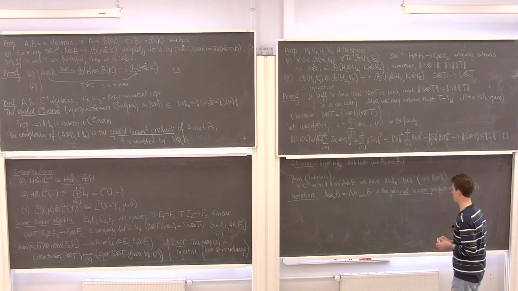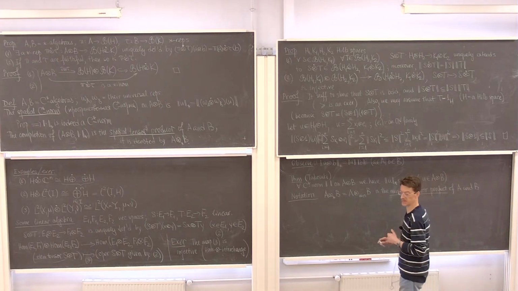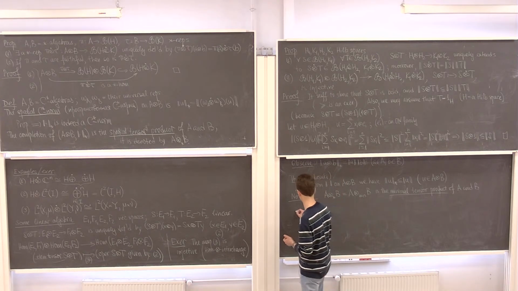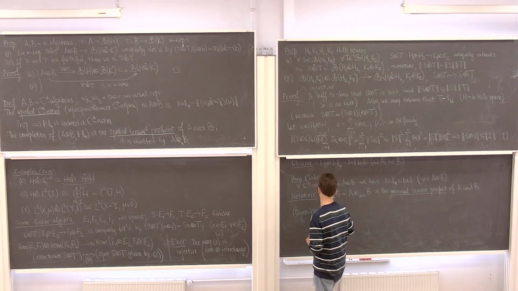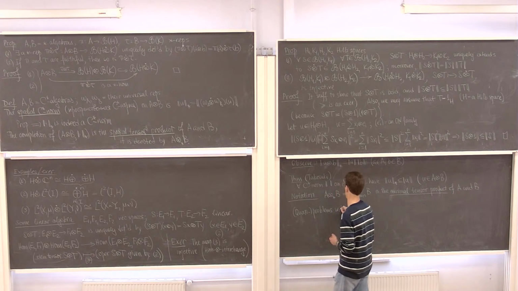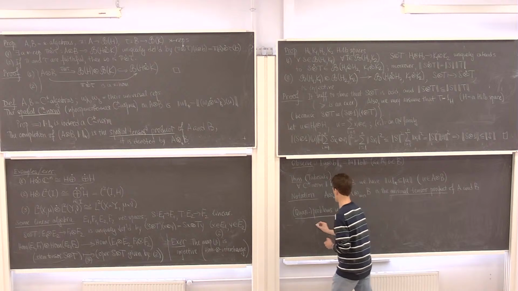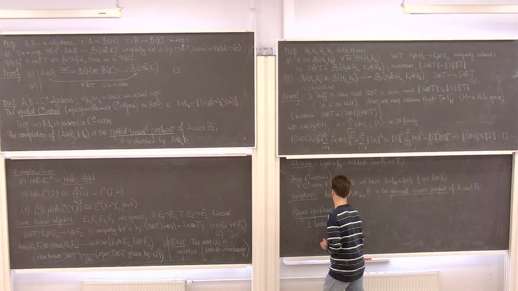Okay, so in conclusion, let's observe that there are two obvious problems, or maybe quasi-problems, with the spatial tensor product. The first problem is that it looks uncomputable.